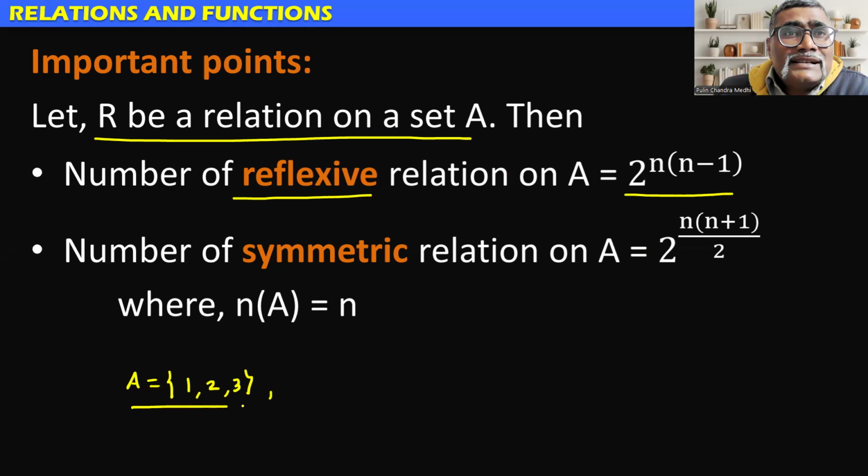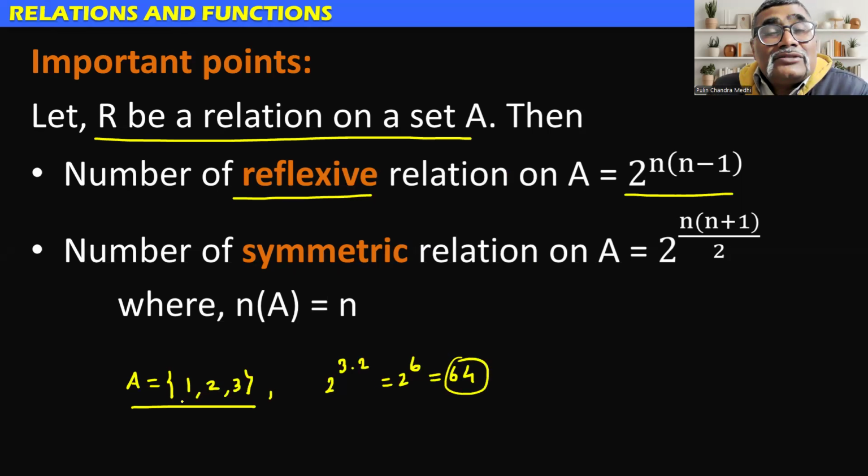So for a set containing three distinct elements, number of reflexive relations will be 2 to the power 3 times 3 minus 1, that is 2. That is, it will be 2 to the power 6, that is 64. So you can see a set containing three distinct elements will be having 64 reflexive relations.